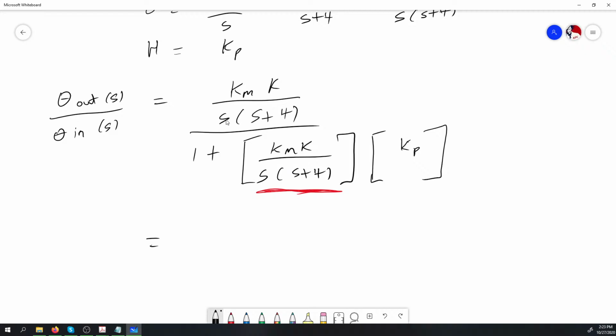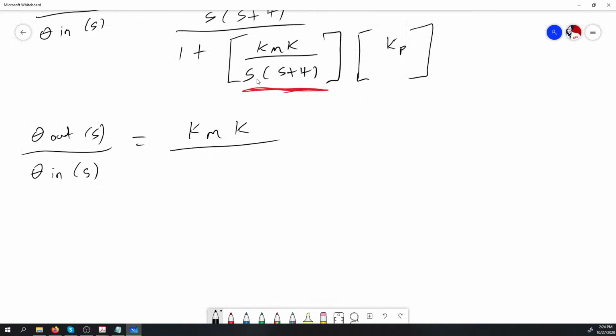These two factors in the numerator cancel because they're the same, so the numerator becomes Km K. In the denominator, because we have 1 here, 1 multiplies by this factor, so we get S into S plus 4, plus, because there's only this factor for the multiplication part, it will just cancel, so you get Km K Kp, which will give us our overall transfer function.